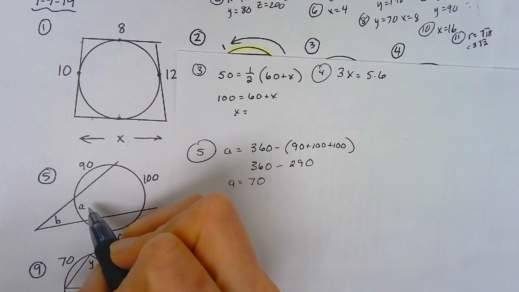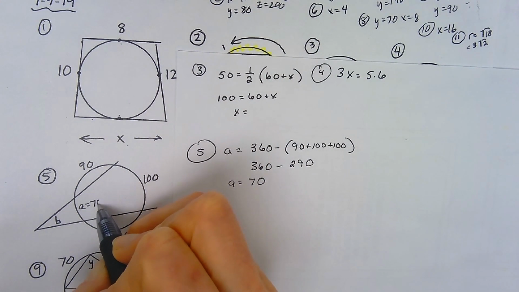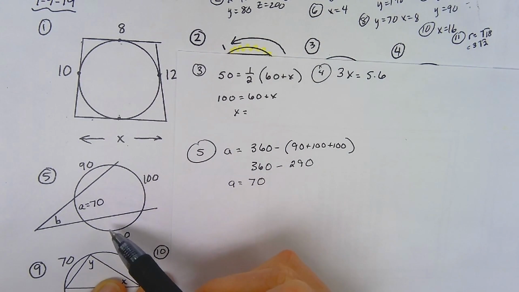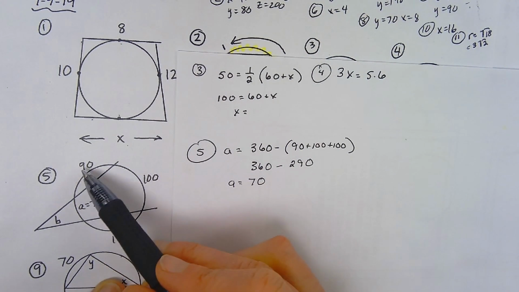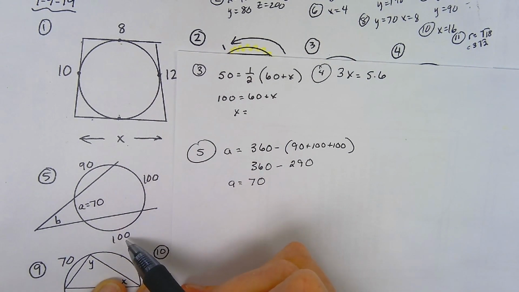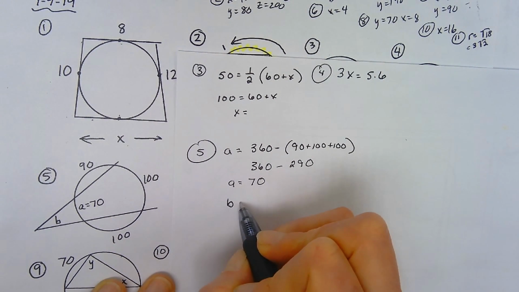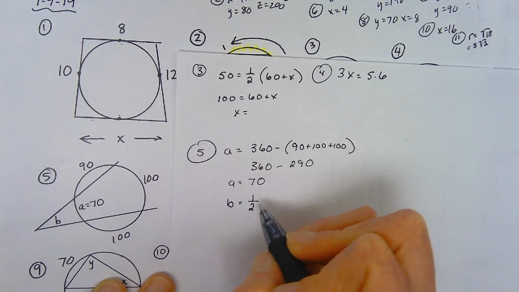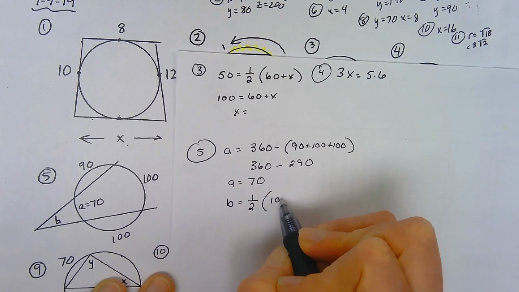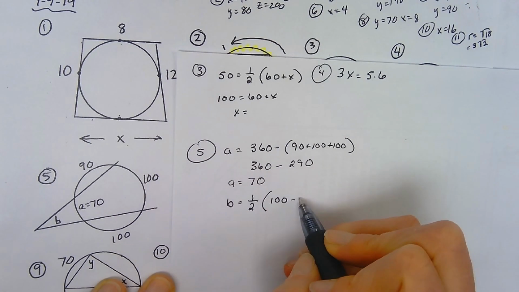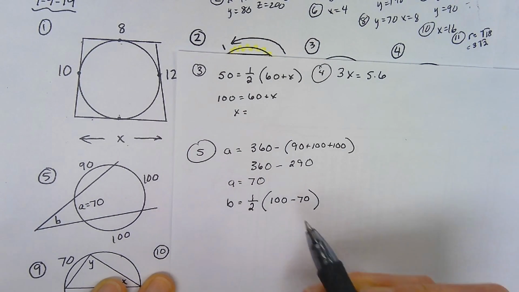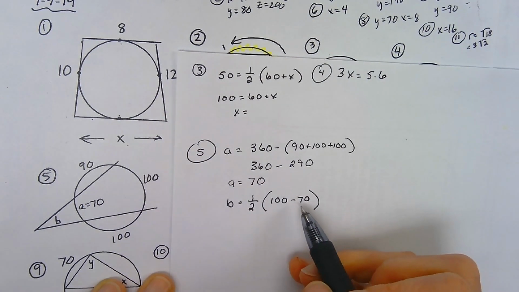So if A is equal to 70, these all should add up to 360, and they do. And in order to find angle B, which is on the exterior, it is equal to 1/2 the intercepted arcs subtracted from each other.